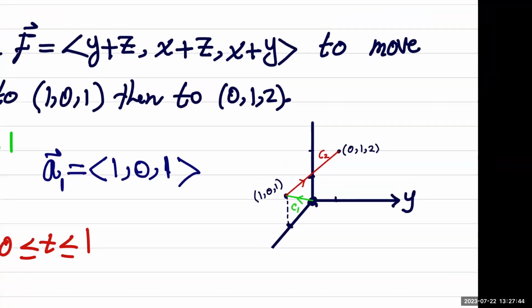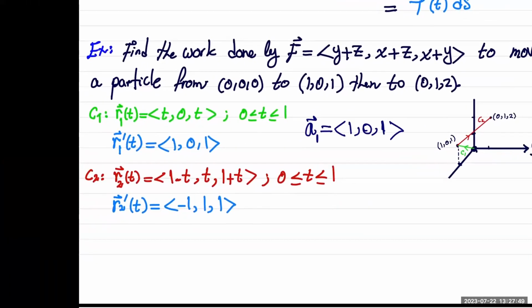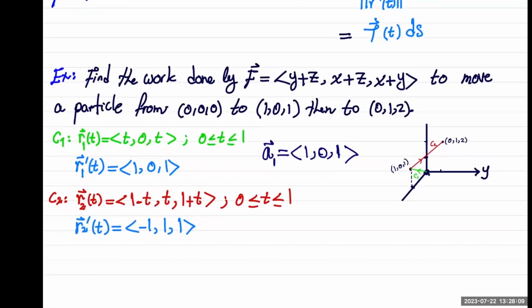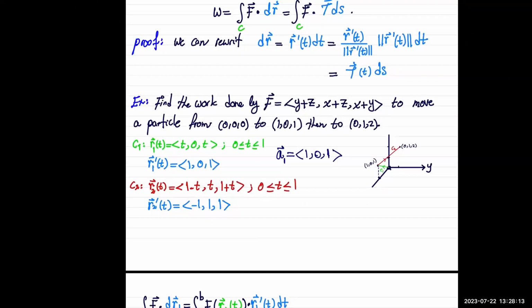So while you're at it, you find the derivative. We find the derivative of R1, the vector t, 0, t. Take the derivative, you get 1, 0, 1, which actually happens to be the same as the parallel vector or the direction vector. For R2, we do the same thing. R2 is from the second point to the third point.